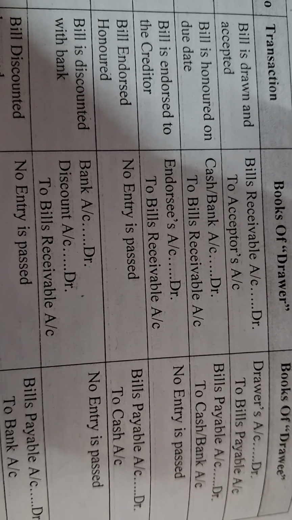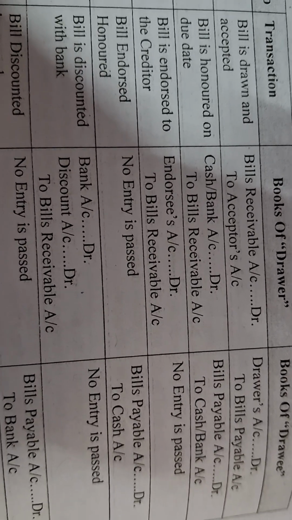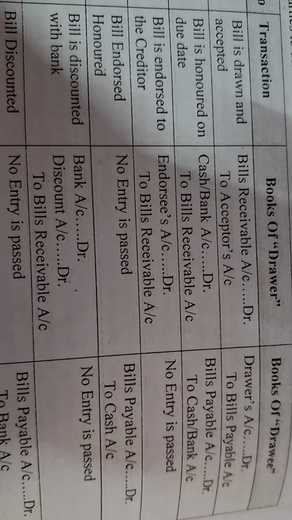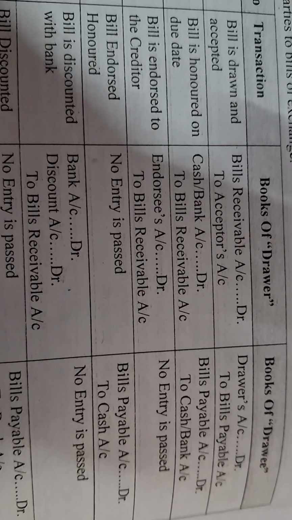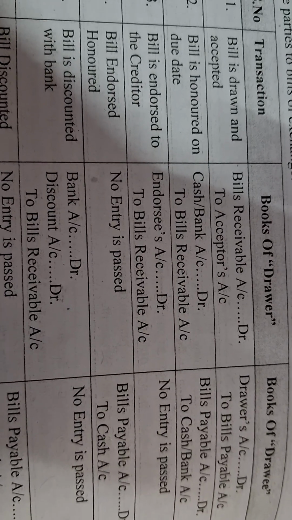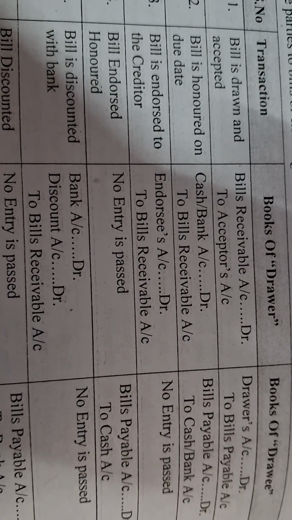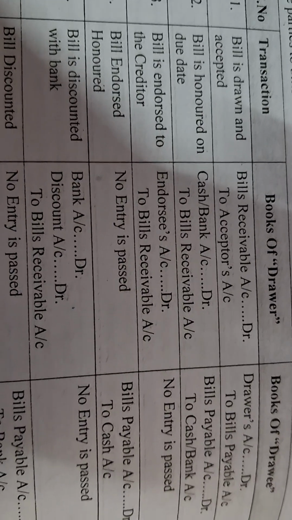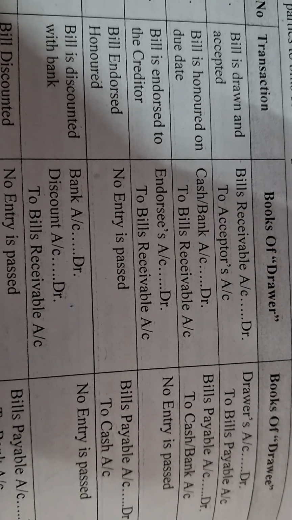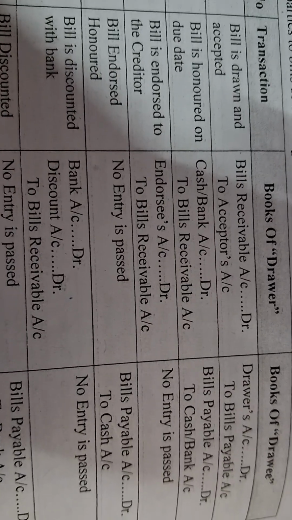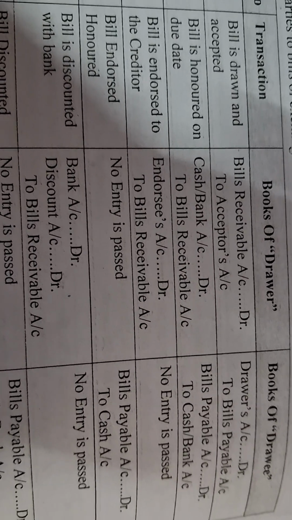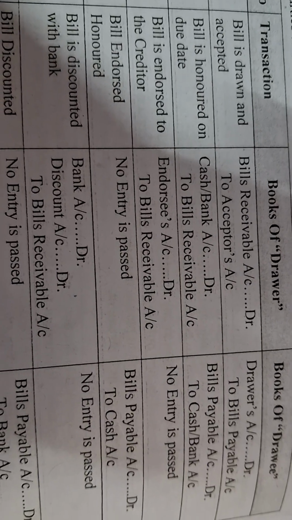In that situation, this endorsement entry will be taken only in the drawer's books, but not in the books of drawee. So the journal entry will be endorsee, that is the third party, whoever it might be in the question, endorsee's account debit to bills receivable account. But in the drawee's books, there will not be any kind of entry taken for the endorsement purpose.